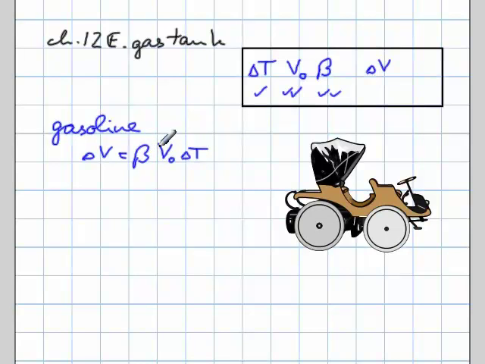This one here is per Celsius degrees. This one here is Celsius degrees, so that units from these two divide each other, and then what we have left here is gallons, which means that the increase in volume is also expressed in gallons. So we can just leave it that way and come up with a result in gallons.